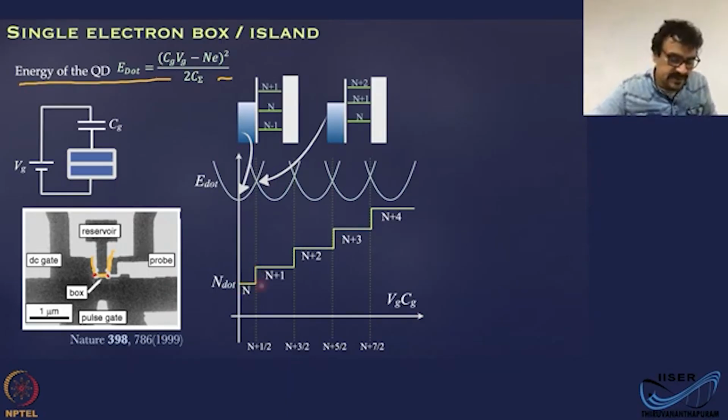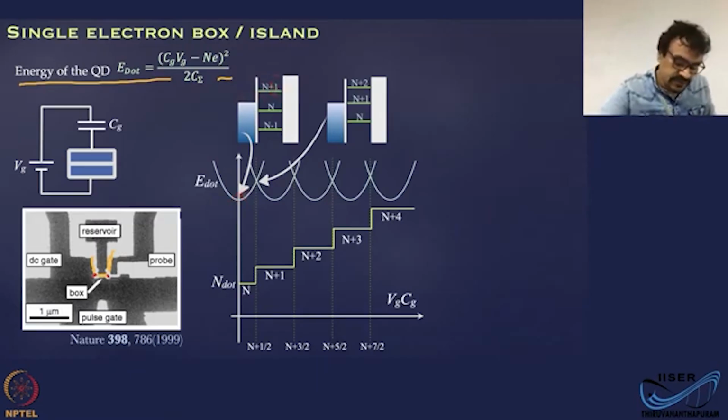So at this point, in the bottom of this parabola, the energy level corresponding to this point is shown here, where this state is full with n electrons, and this n+1 electron state is empty, but that is high up, so there is not enough energy to fill that state.